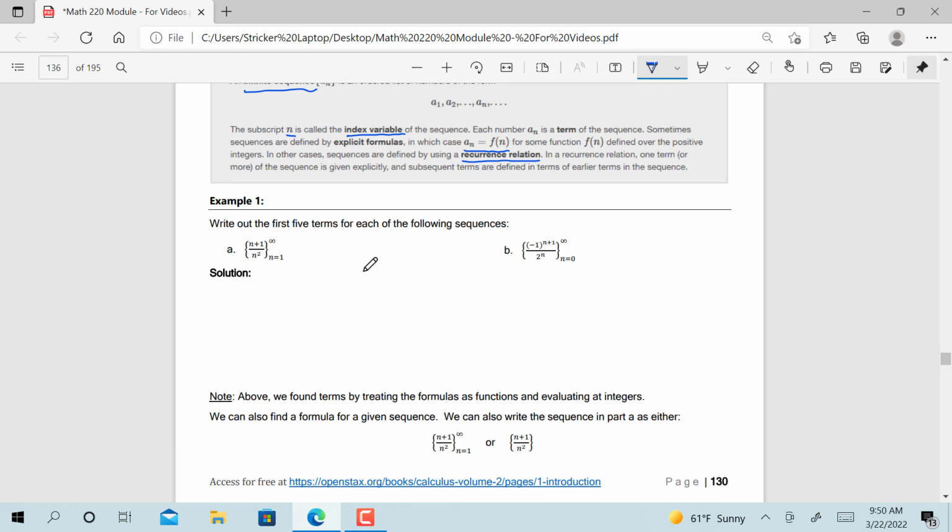It says write out the first 5 terms for each of the following sequences. This right here, n plus 1 over n squared, is our formula that represents the sequence. Notice it says from n equals 1 to infinity, which is saying it's an infinite sequence.